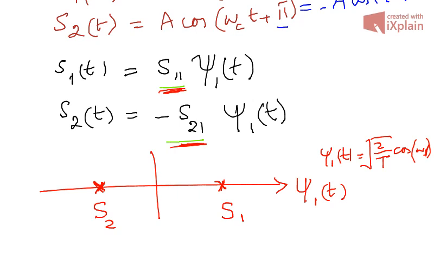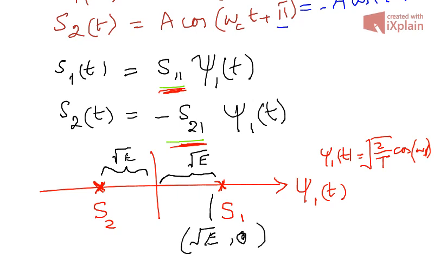We would verify that this length is equal to the square root of E. Similarly, this one is equal to square root of E. So the coordinate of this point can be written as square root of E, 0.